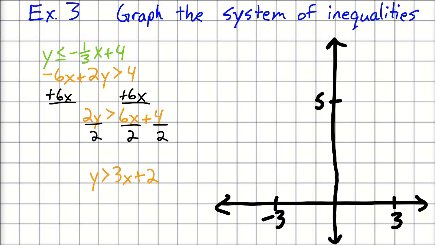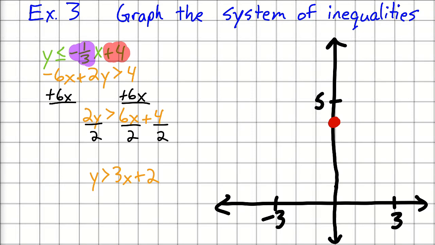All right, so let's graph the green line first. So my y-intercept is the point 0, 4. So I'm going to have a point right here. And then my slope is negative 1/3.